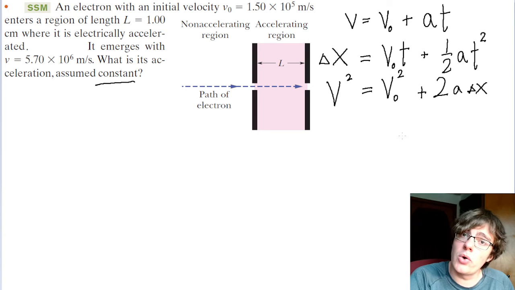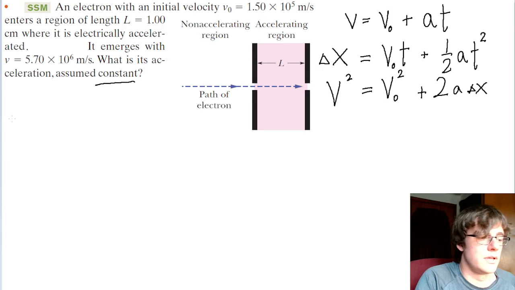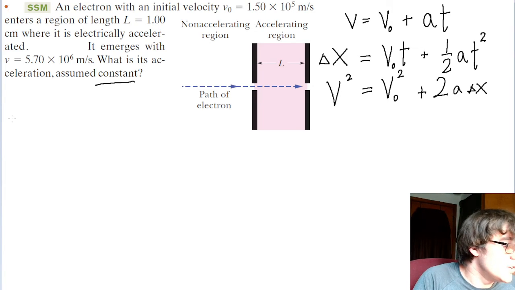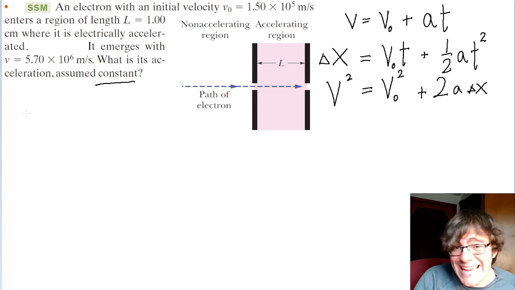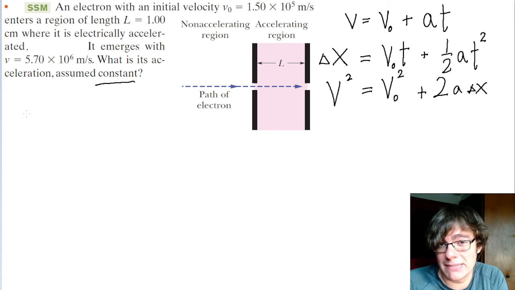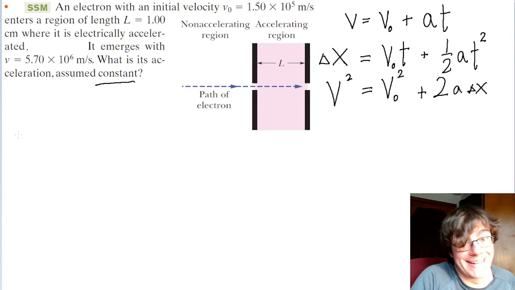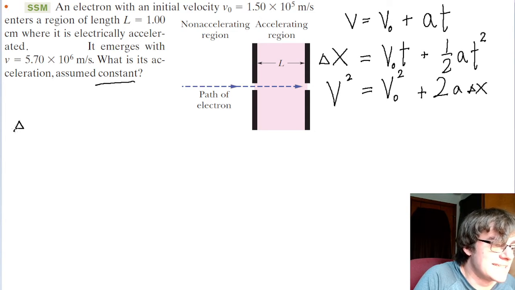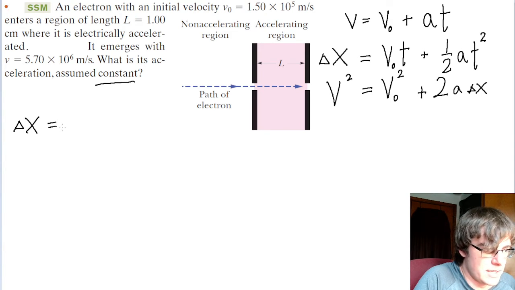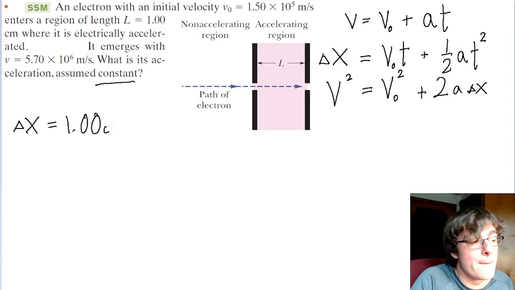So let's make a note of the variable we're trying to find and the variables we have. For the variables we're given in this problem, we're told that the length of the region L is 1 centimeter. So that's a 1 centimeter distance of the acceleration, which in the context of our kinematics equations can be seen as the delta x. Generally we're going to want to convert that into meters.